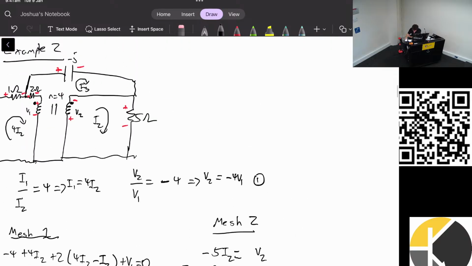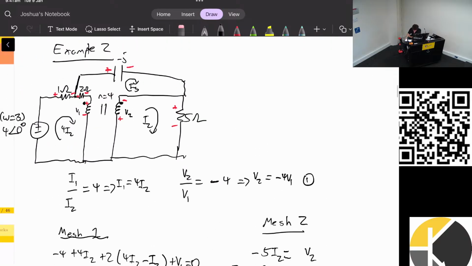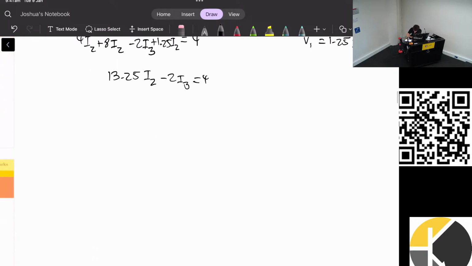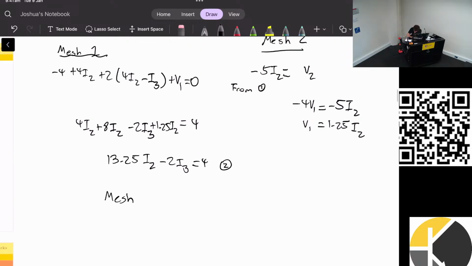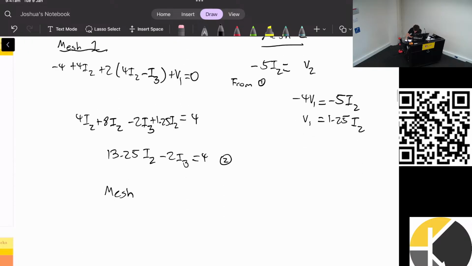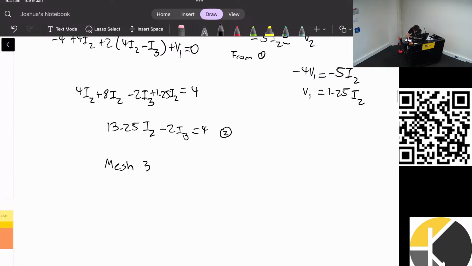Now, we need to do one more big KVL around the whole loop. I'm going to call the previous one equation 2, by the way. So let's go around the big mesh, and that's mesh 3.